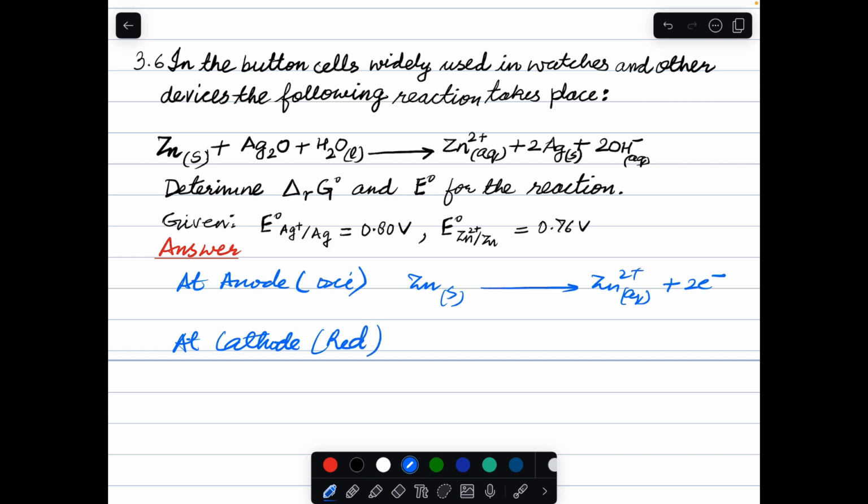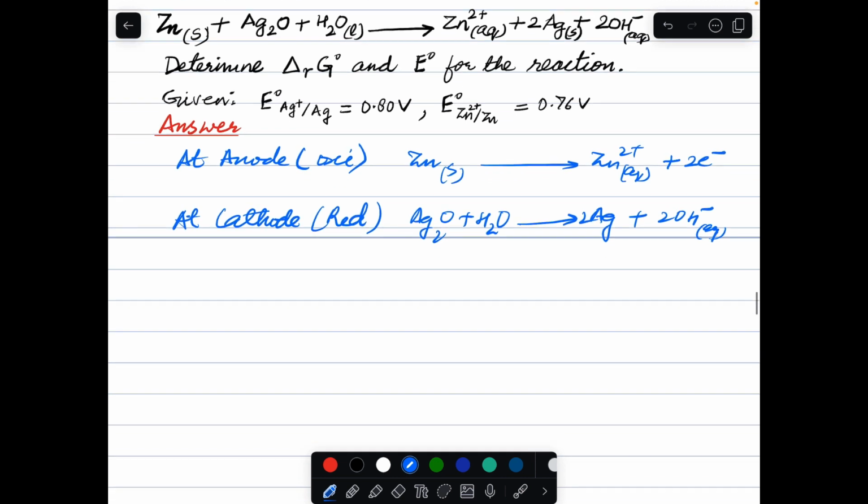Here silver oxide in the presence of water is undergoing reduction to silver metal, and we have the production of hydroxide ions in the solution. In the second process, 2 electrons are being added which are lost from the first half reaction. Therefore the number of electrons lost is always equal to the number of electrons gained, and it is 2 electrons in this balanced equation.